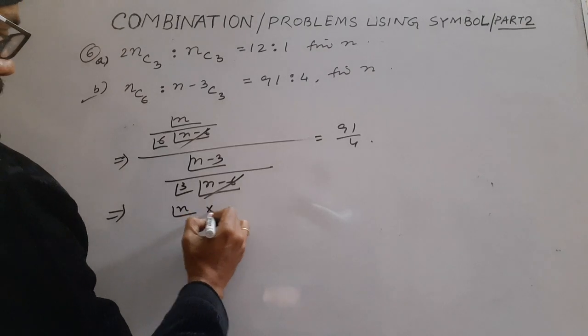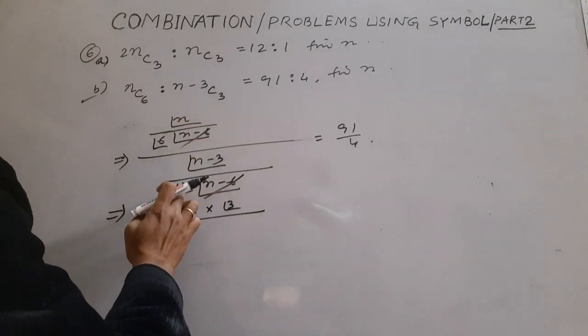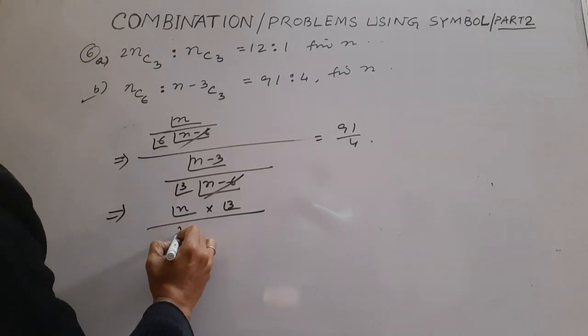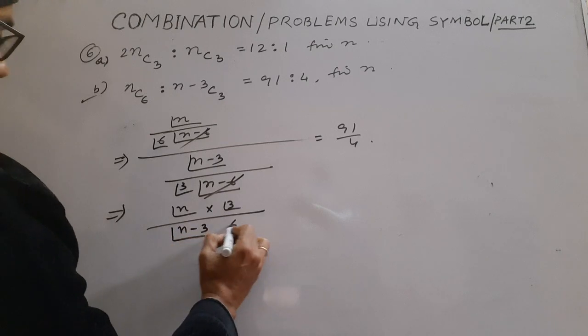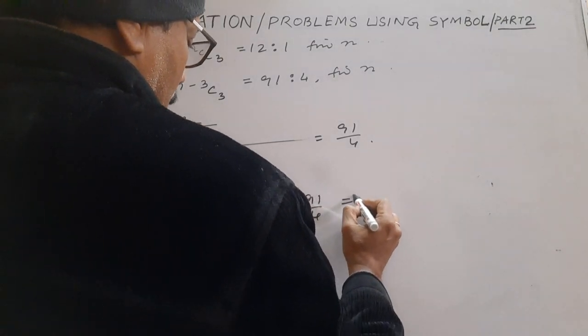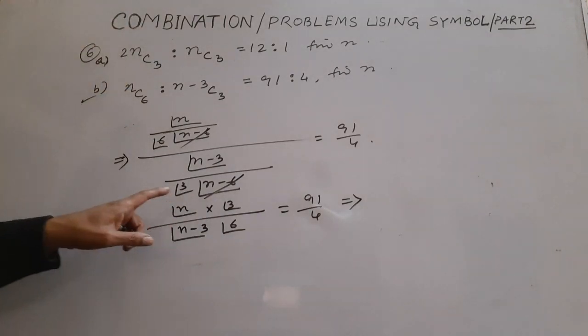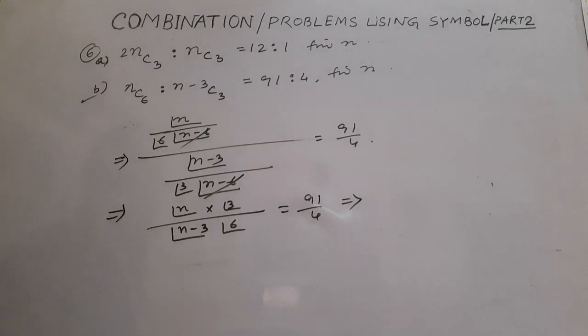So factorial n into factorial 3, over factorial n minus 3 into factorial 6, equals 91/4. This is at the numerator and this is at the denominator.